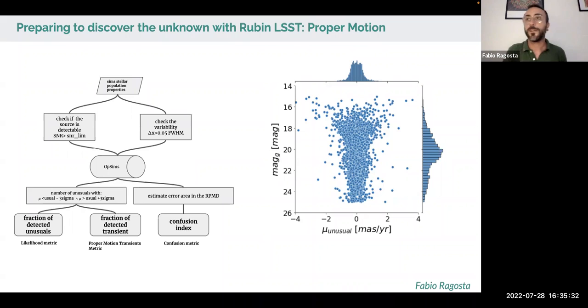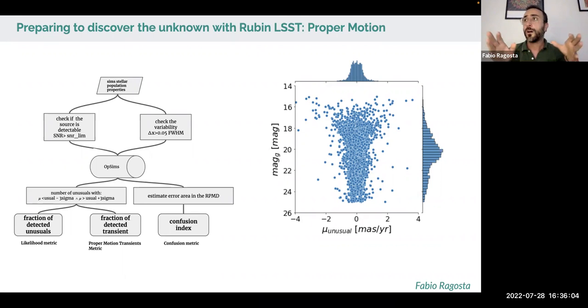The first one from the left, the fraction of detected unusual, answers the question, what is the fraction of the unusual population that is identified as anomaly in a different opsim given the measured proper motion uncertainties? The second one answers the question, what is the fraction if the objects are also variable in flux? And the third one, the confusion index, answers the question, will we be able to distinguish between different structures in a galaxy measuring the proper motion?